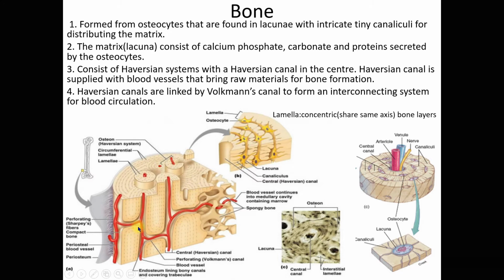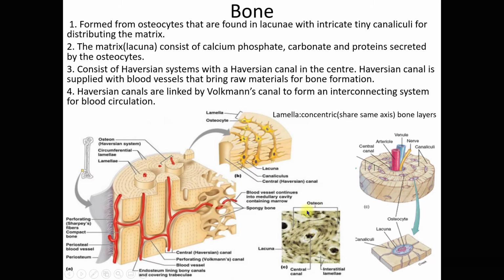So dalam tulang ini, now inside the bone, one Haversian system is connected with other Haversian system via Volkmann's canal, and this is needed to circulate the blood within this osteon, or Haversian system.